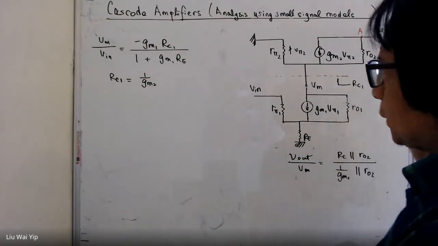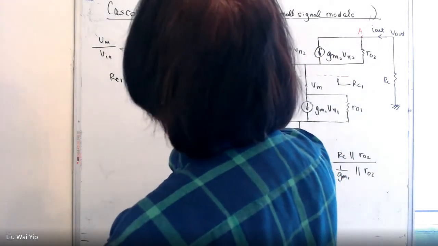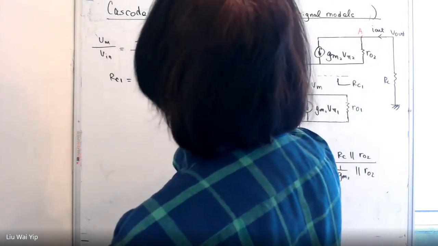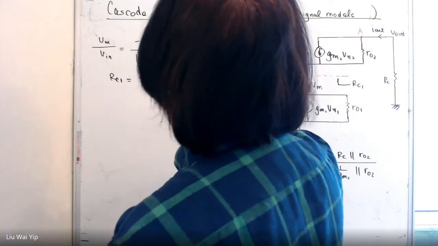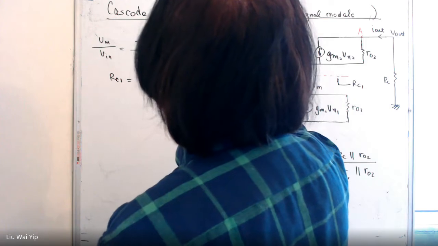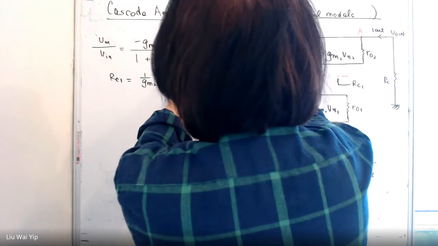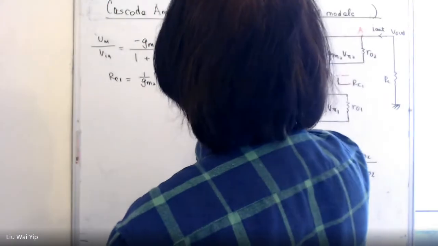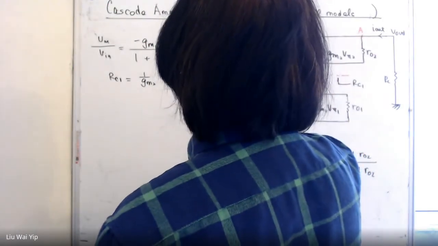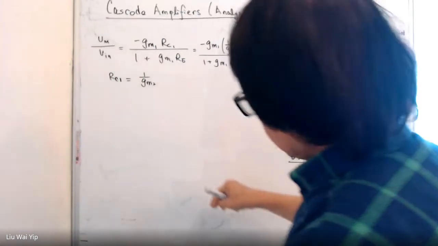So in other words, this guy here is actually equal to 1 over Gm1 and 1 over Gm2. So it's pretty straightforward. We are not going to further explain it.